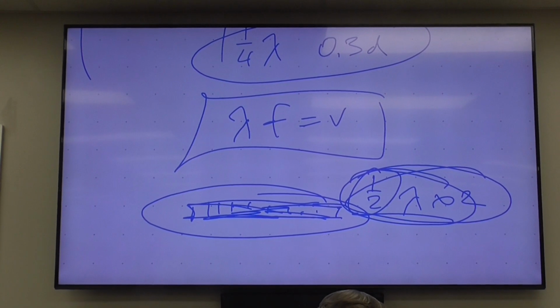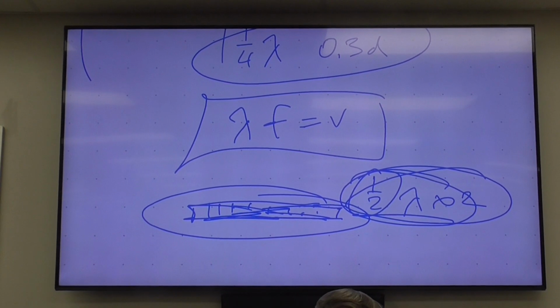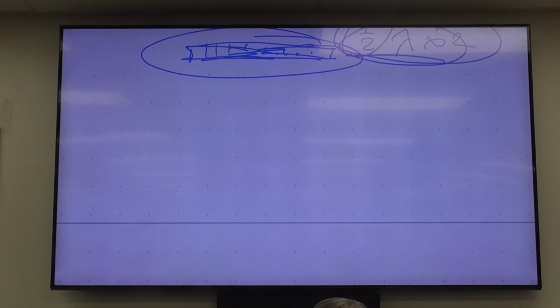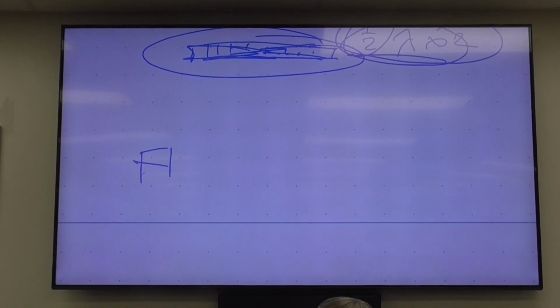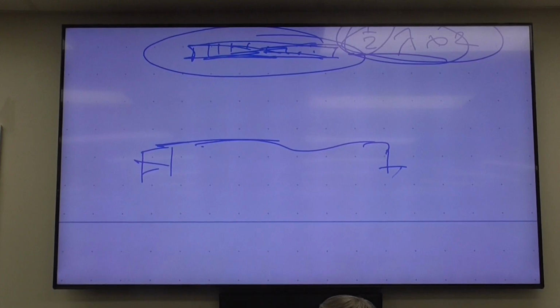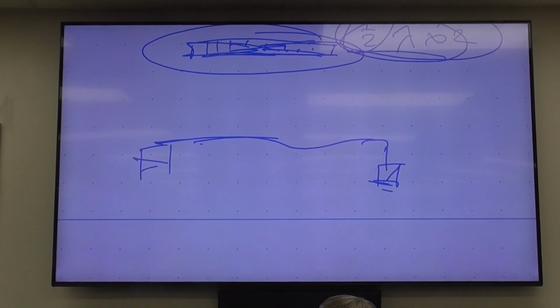Okay, so when you get to that free response question, let's talk about that one. So basically, you have an oscillator and you have a weight hanging from the end of the string.